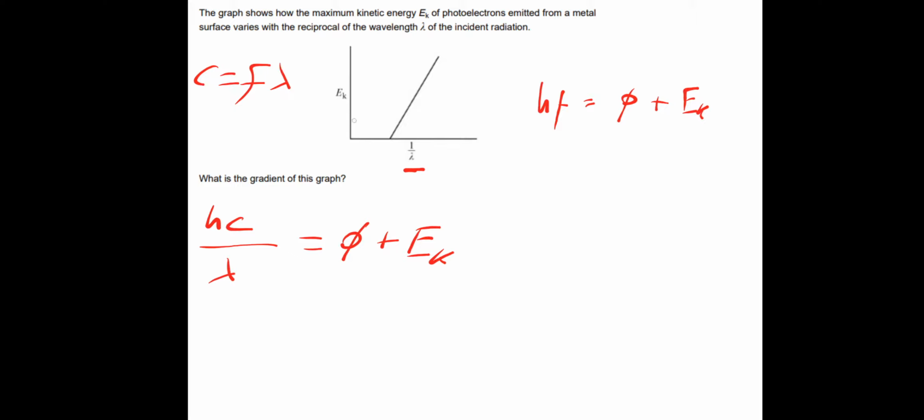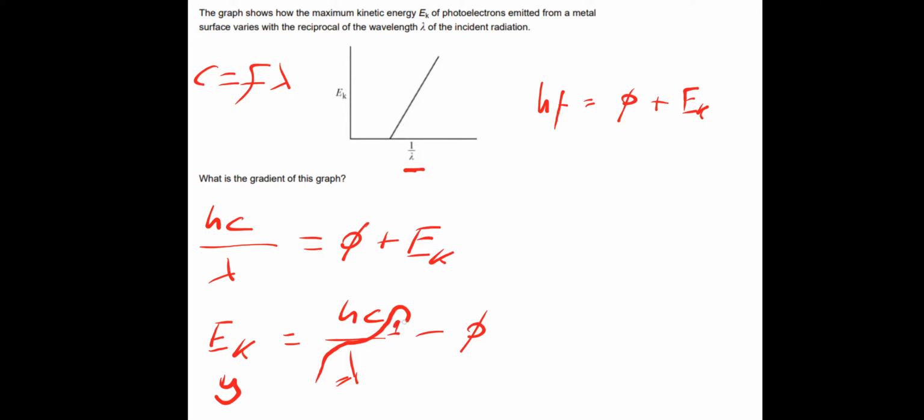So we need to rearrange to get y as kinetic energy. Kinetic energy is equal to hc over lambda minus the work function. The kinetic energy is on the y-axis, and the x-axis is 1 over lambda.